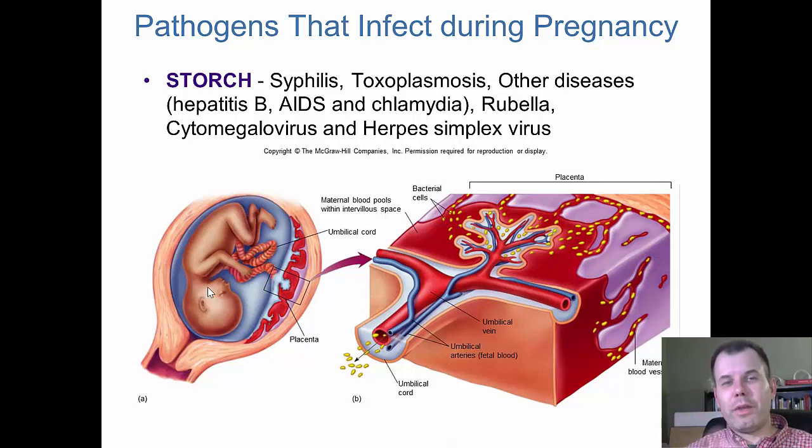Now, the latest one that is out there that you may have heard of is the virus that's being spread by mosquitoes, and we're seeing this in South America. And so if any of you guys are planning to get pregnant or are pregnant and you go to the Caribbean or Central or South America where these viruses are, I don't remember the name. It starts with a Z and I can't think of it at the moment.